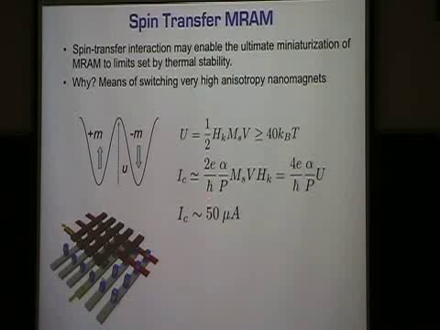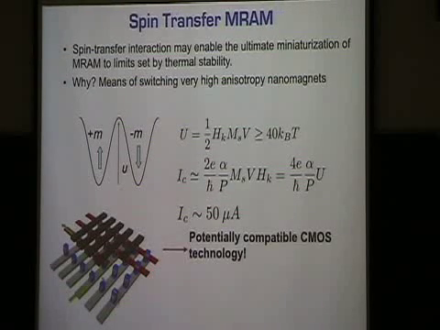And you find that, just setting the energy to be 40 kBT, you can switch elements with currents on the order of 50 microamps. That gets interesting because a very small transistor can supply this kind of current. So you can imagine a transistor per bit, per magnetic element, switching these thermally stable, very small elements.